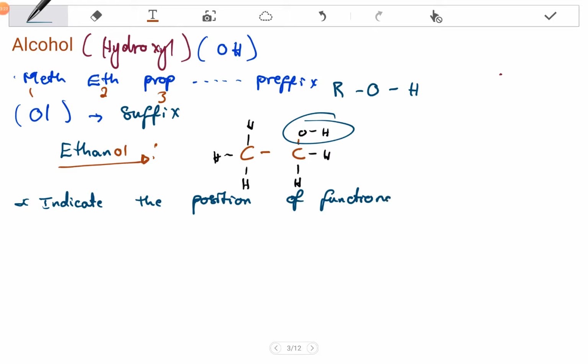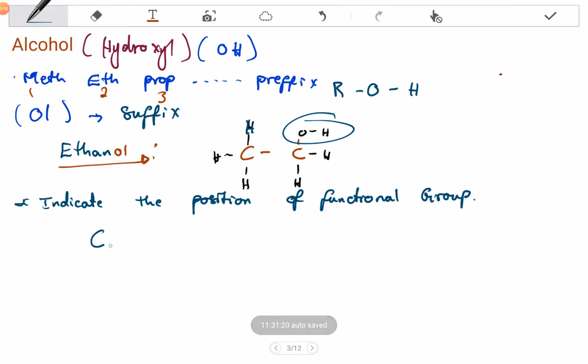The reason we didn't indicate here, can somebody tell me why we didn't indicate here? We didn't indicate here because it doesn't make a difference. You put it here, it's going to be 1. It's going to be ethanol, ethan-1-ol. You put it here, it's going to be 1-ol. So it doesn't make a difference. So you can just leave it, not mentioning it.